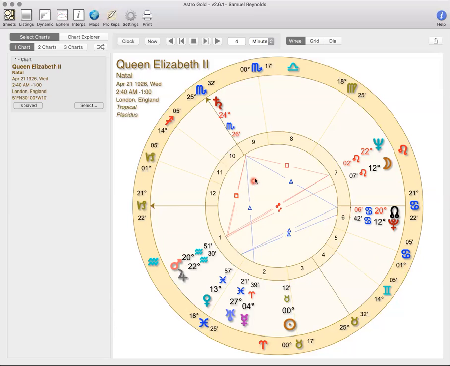So all these lines that you see in the center relate to how the planets are able to behold each other. There are different ways in which they behold each other, which creates either dynamic tensions or more reliefs or easy flow. Now, some people will say that these flows and these different tensions are good or bad.